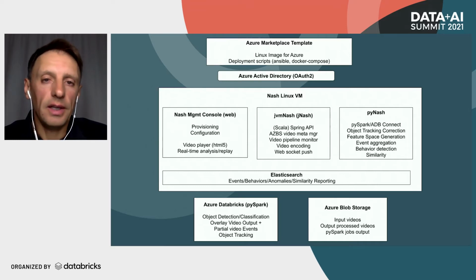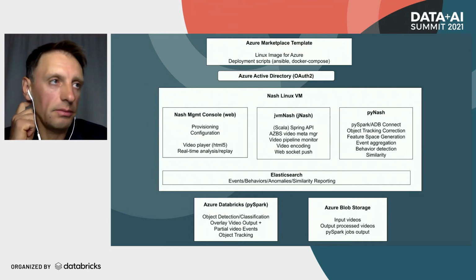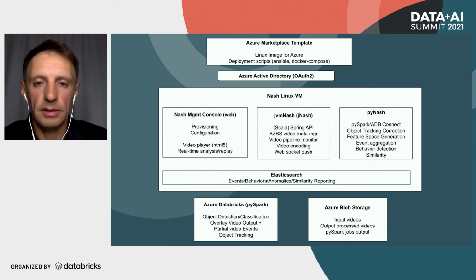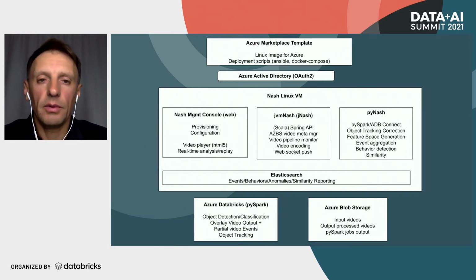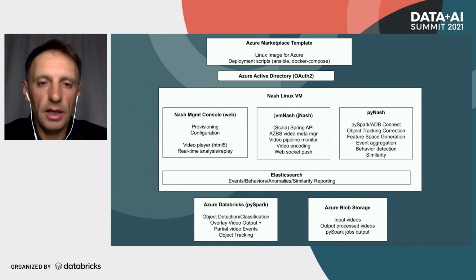The solution includes deployment scripts, all based on Ansible and Docker Compose. Then we have the Azure Active Directory component. As you remember, you have to register the app, and that's a manual process. You register the app with Azure Active Directory, then come back and configure it to use that for authentication.